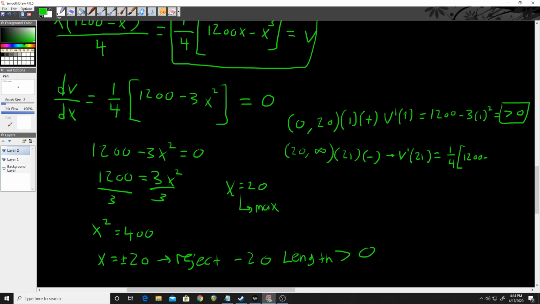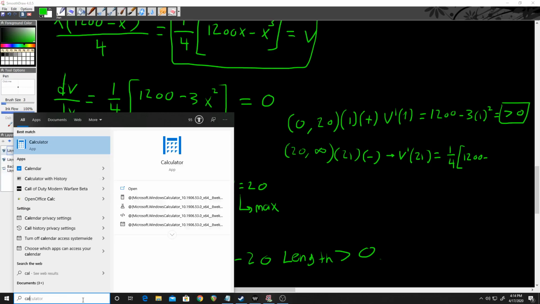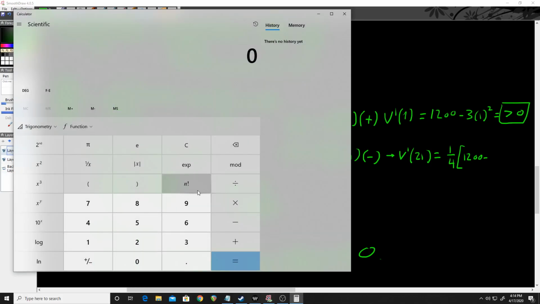Oh man, 21 squared. Okay. 21 squared is 441.